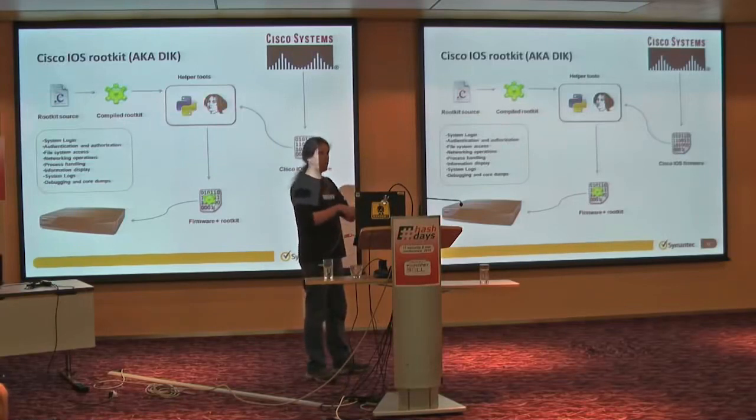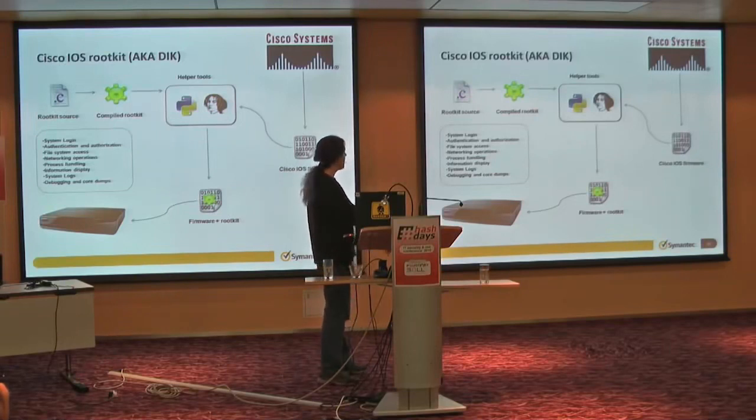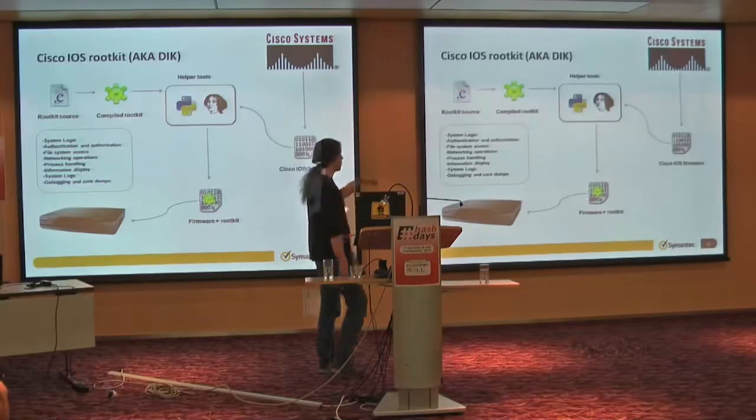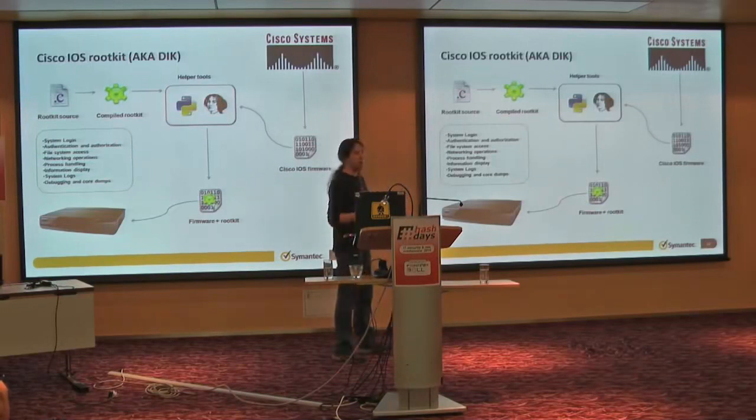So this code would compile for every one of them with just a few tweaks for a few areas where assembly has to be included, mainly if you're working on every device supporting that release of the iOS system. So I can create a kind of wrapper for some of these function calls, like system login, file system access, networking operations, or system log. So mainly everything routed would work.